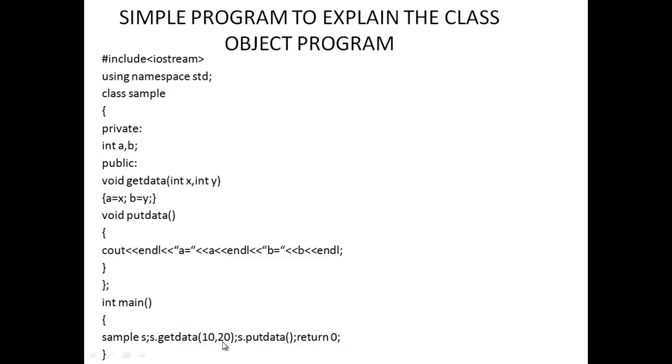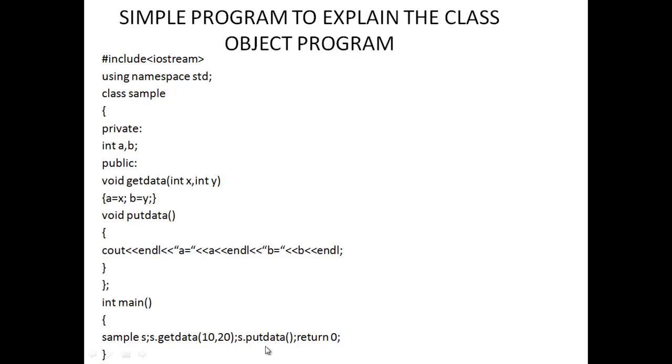That means 10 and 20 are passed to the data members a and b, which are members of the class. Then a semicolon, and the values stored through the get data function are displayed with the help of the display function.